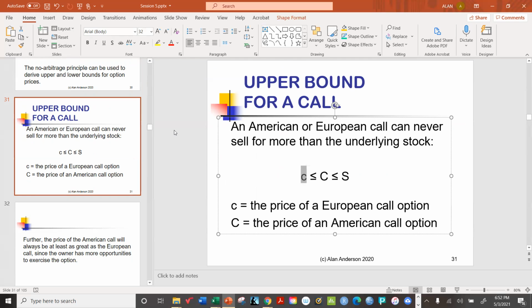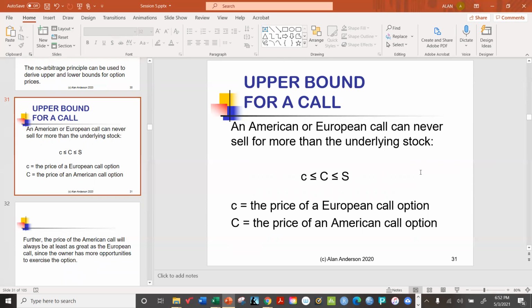Lowercase c means a European call option, and then uppercase C is the American version. I know it's hard to see the difference sometimes, but we'll have to be careful here. The lowercase c is the European call. The uppercase C is the American call. So clearly, we know that an American call is worth more than a European call.